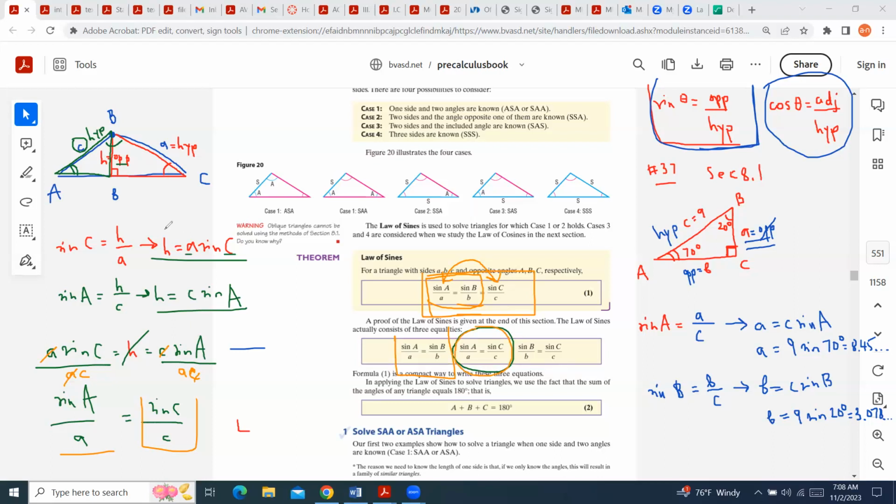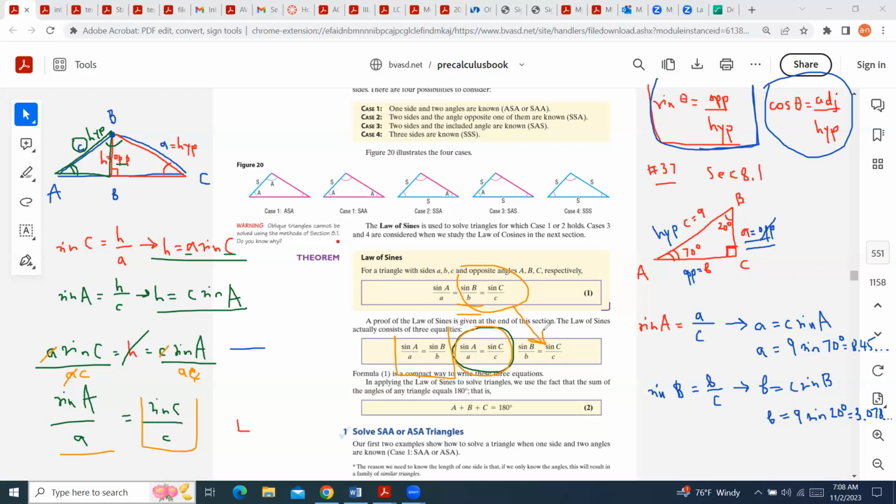And finally, there is the third part that says that B and C also have the same relationship, and that'd be our third. So these are three equations that they actually write a shorter way, but I think they should have kept three equations, so that it would be better understood.